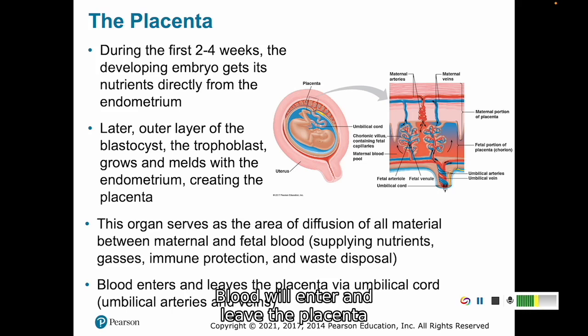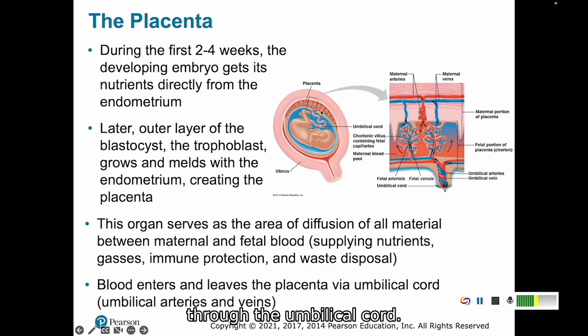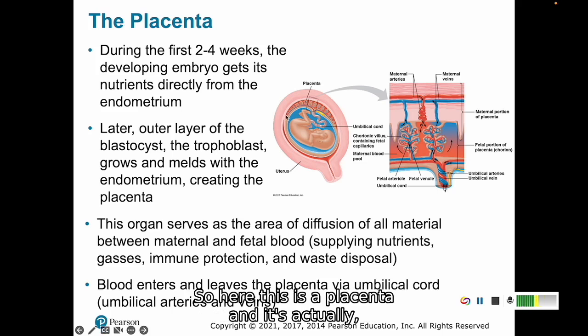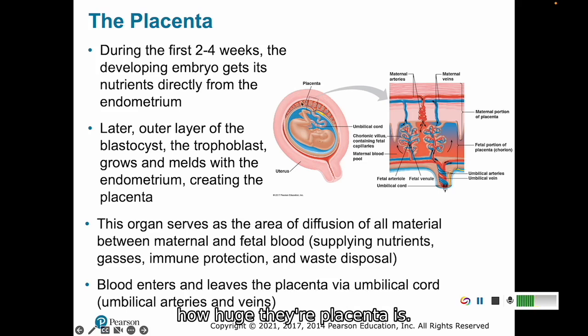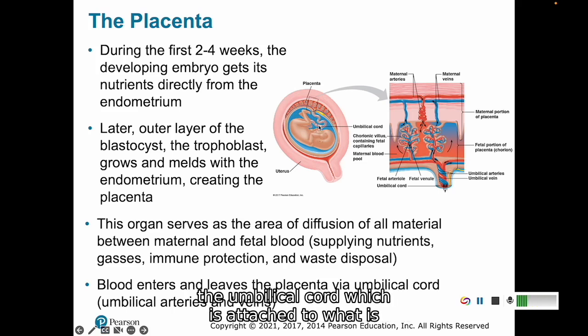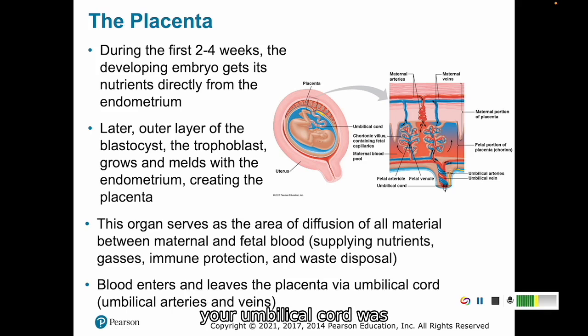Blood will enter and leave the placenta through the umbilical cord. So here, this is a placenta, and you can see it's rather large. I've always been surprised when my babies are born how huge their placenta is. And it flows through the umbilical cord, which is attached to what is now your belly button. That is where your umbilical cord was attached to your placenta when you were a fetus.